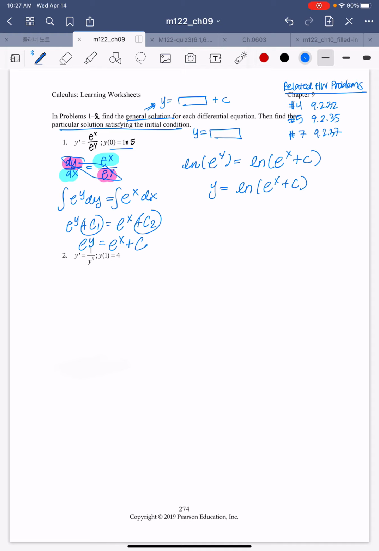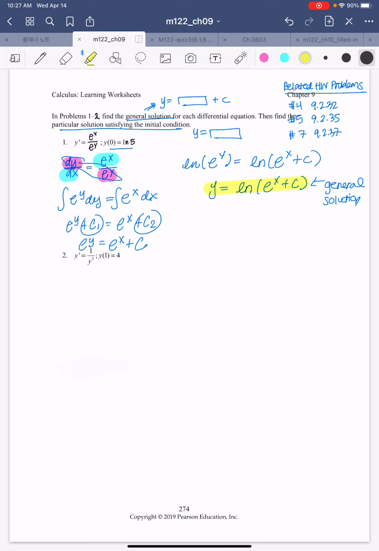So this will be our general solution. This part over here is the general solution. Okay. I solved for y and I left it as a general c term.